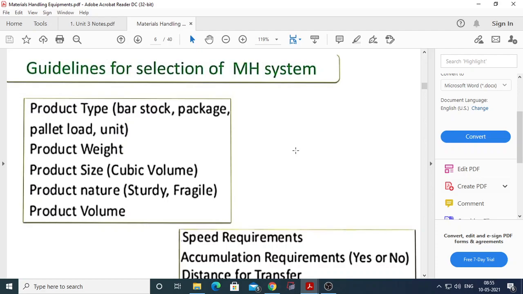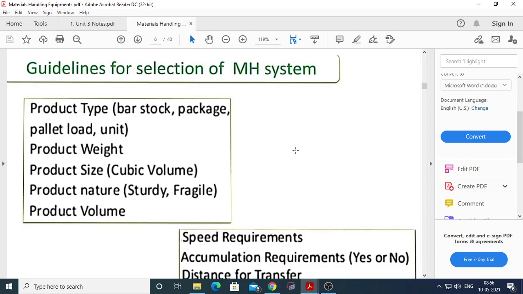Then we'll see the different applications. Before going to that, you should know the guidelines for the selection of the material handling system. What are the guidelines for selecting the material handling system? This is very important.